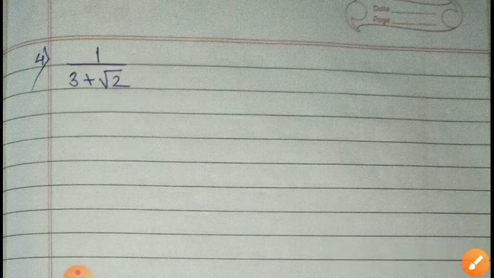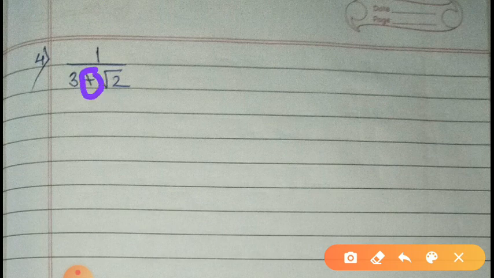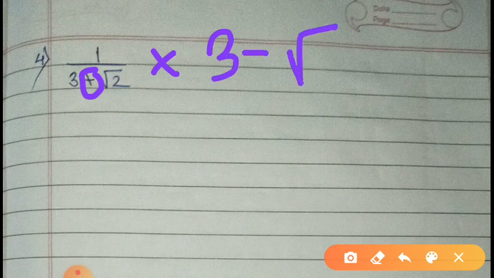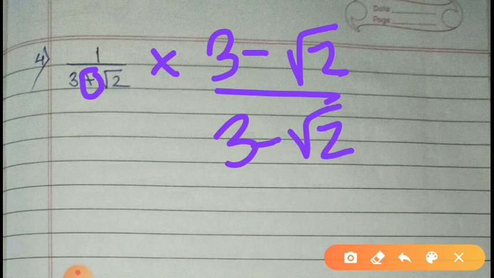So whenever you have a binomial in the denominator, in that case what you should do is, now here what is the sign? It is 3 plus root 2. So what I have to do is multiply by 3 minus root 2 by 3 minus root 2.